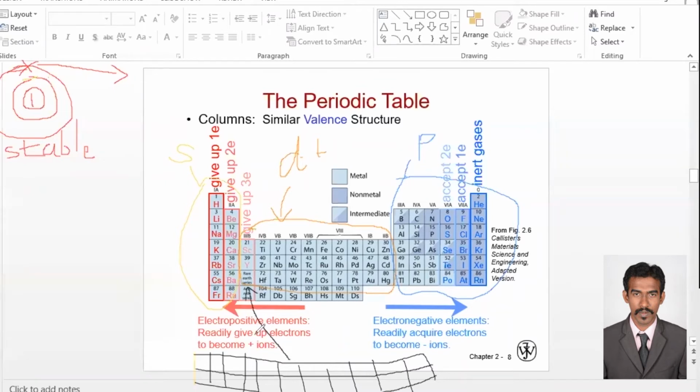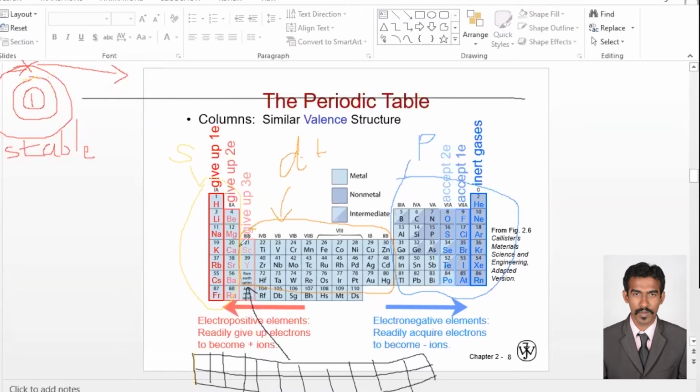We usually draw these F block elements separately. Otherwise, what will happen if we fit them in here? This periodic table will go too large, it is going to be this much in length. Why?